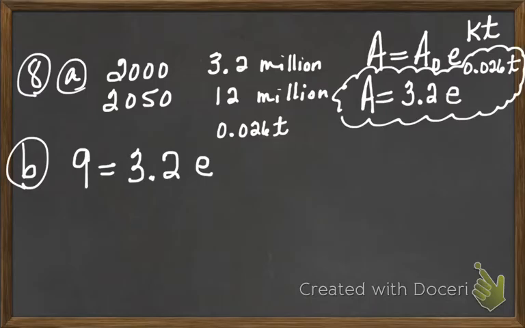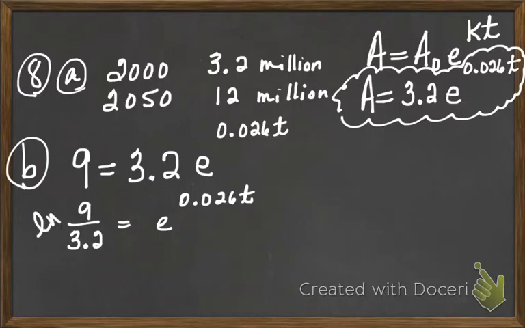This equation is solved the same way over and over and over again. You use the same equation, same formula for every single problem. So you're going to divide by the 3.2 and get your E by itself. Then we're going to do what? Okay, and then I get tired of rewriting everything, so I'm going to squeeze my ln right here, if that's okay with y'all. And then what's going to happen on the right-hand side? ln and e are going to cancel.